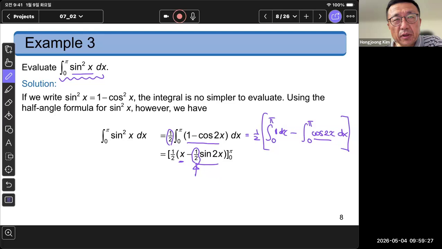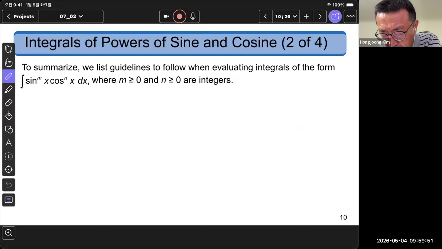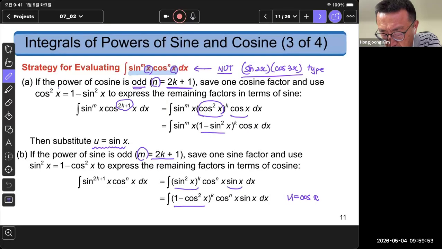And in the case of the definite integral, if you introduce a dummy variable for the sine x or cosine x, you don't have to go back to the original variable. Let me explain that concept with some examples.